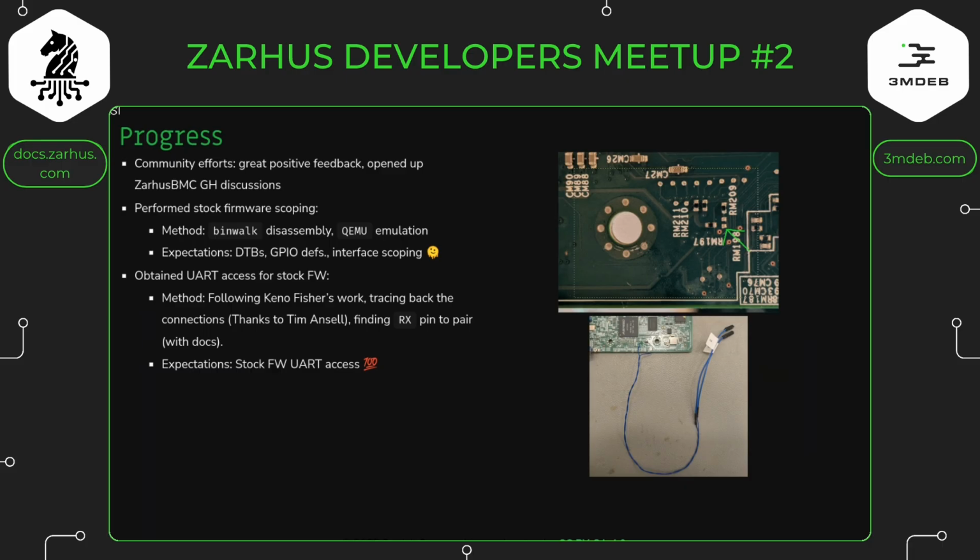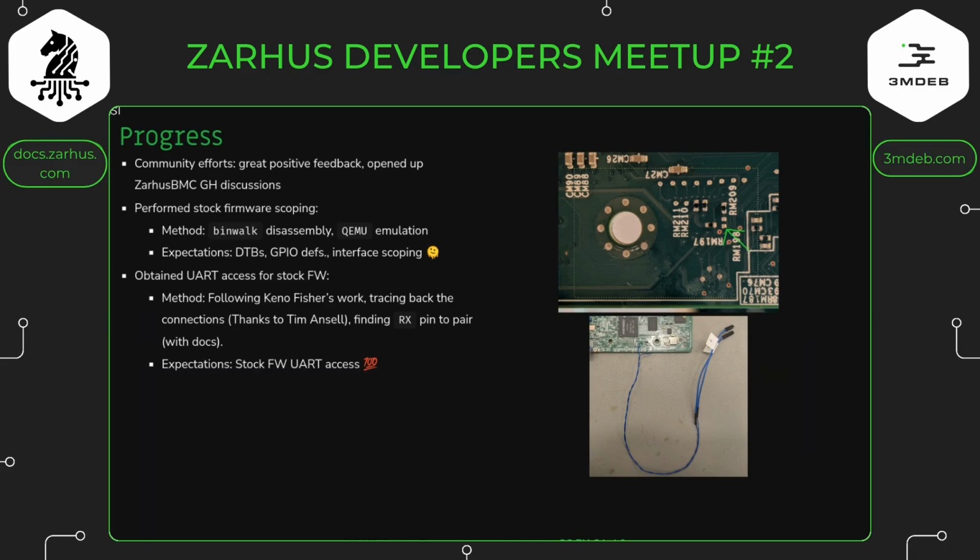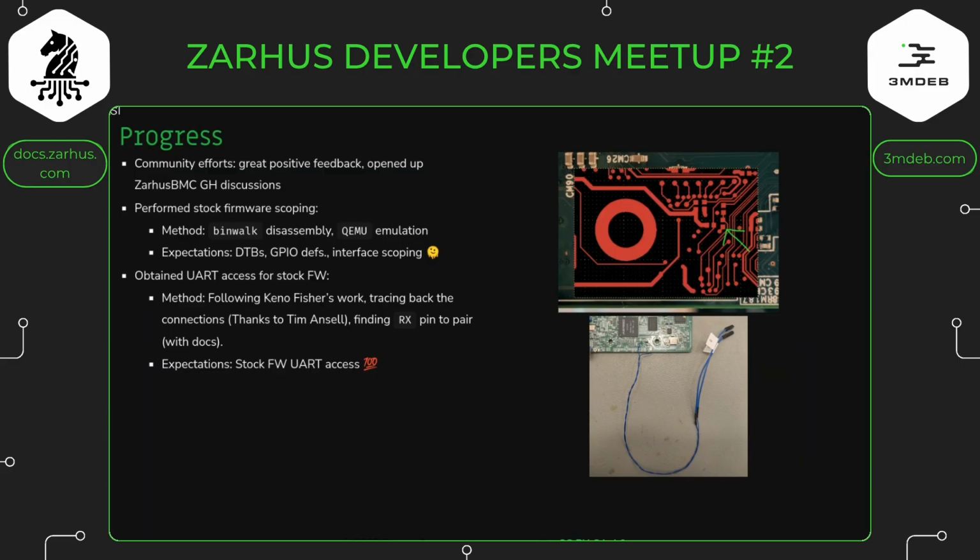And we also got the Gerber files for the X11SSH from Team Ansel. This way we were able to find the matching RX pin for the UART according to the datasheet we got, and this allowed us to gain UART access for the stock firmware.